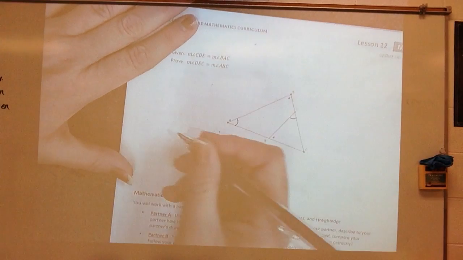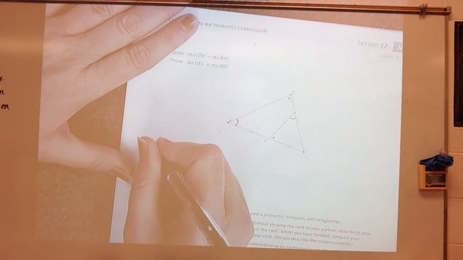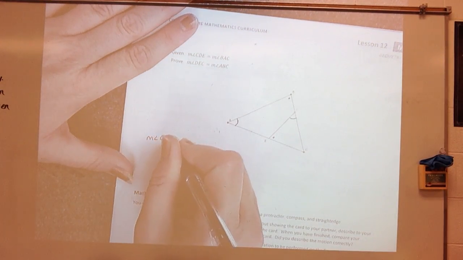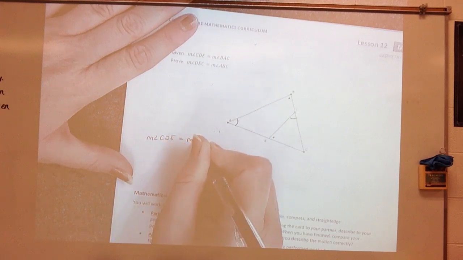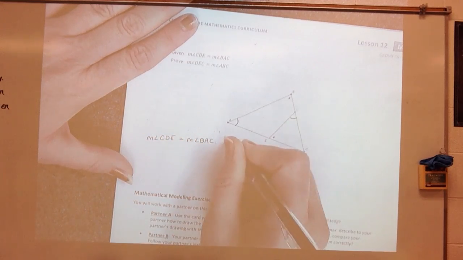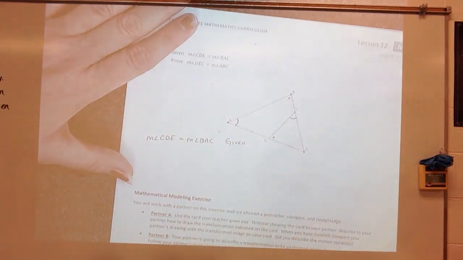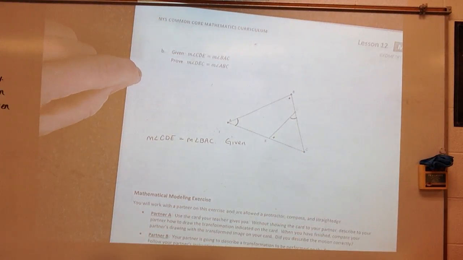Alright, so we're going to start off with our given, the measure of angle CDE is equal to the measure of angle BAC, that is given. Now what do I know about the measure of the angles of a triangle? We proved in the last lesson that they were 180 degrees.